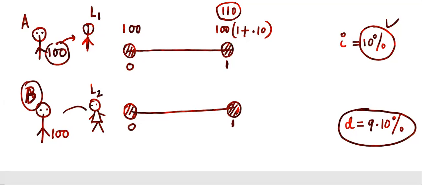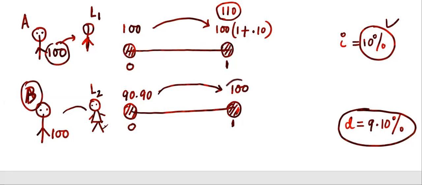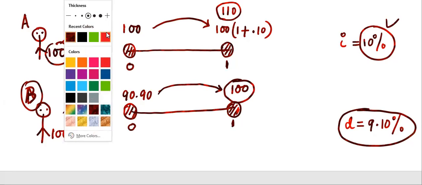So that means finally this guy will take 90.90. After 1 year, he will come back and he will not pay anything extra. The nominal amount is 100 here. This one also I can write in some other way: 100 plus 10.